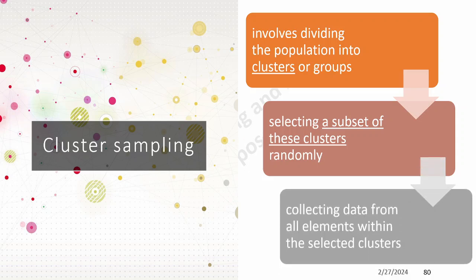So for example, let's say we have clusters 1, 2, 3, and from this we select cluster number 2. And then, from cluster 2, we're going to take all the samples. So that's how cluster sampling actually works.